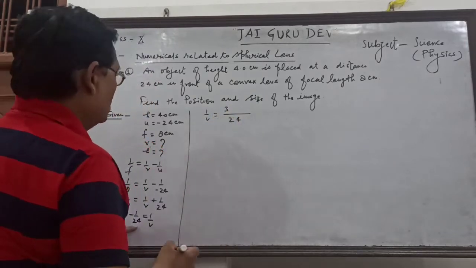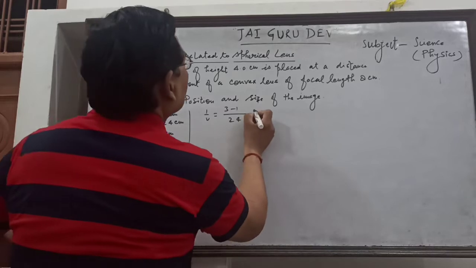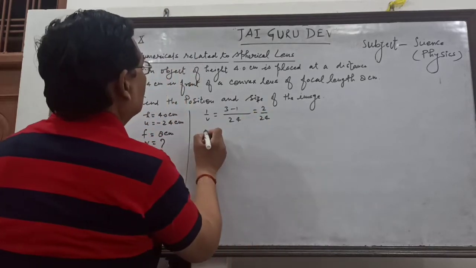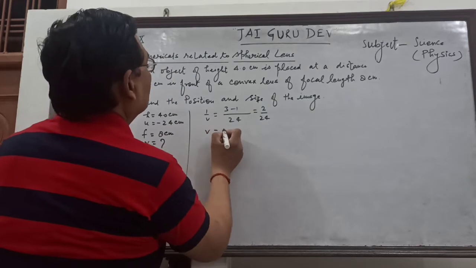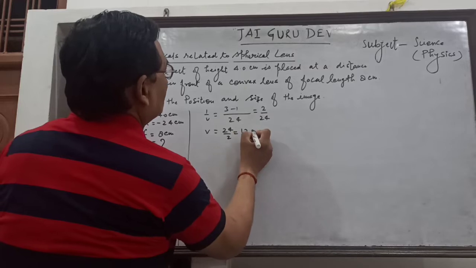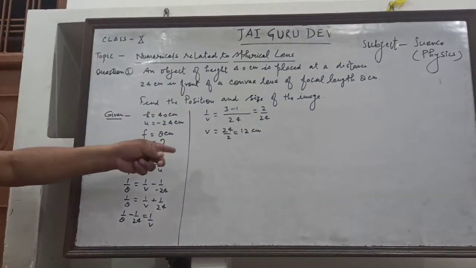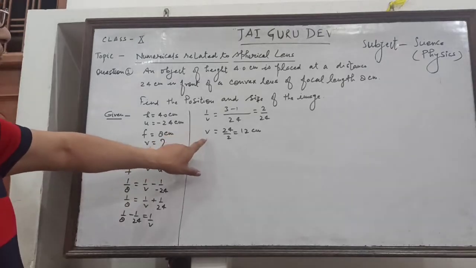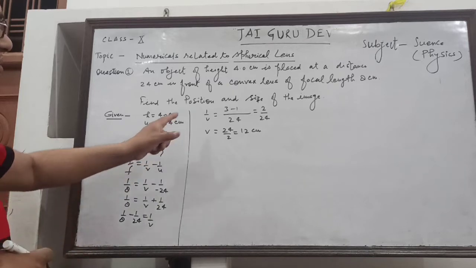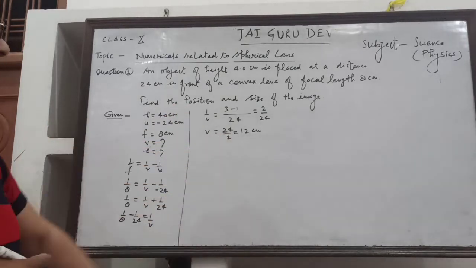So 3 minus 1 equals 2 by 24, or v is equal to 24 by 2, equal to 12 centimeter. So this is the position of image. We will get the image at the distance of 12 centimeter.